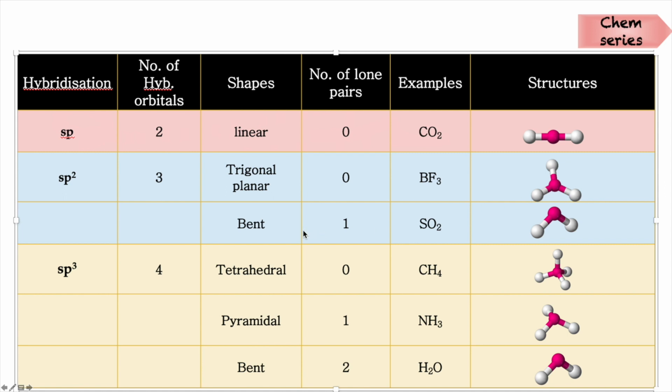Coming to sp3 hybridization, it has four hybrid orbitals and the shape is tetrahedral for zero lone pairs, and when atoms get replaced by lone pairs in tetrahedral, it leads to pyramidal and bent shapes.